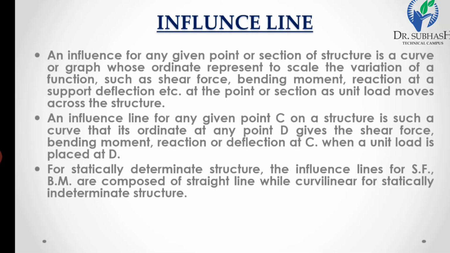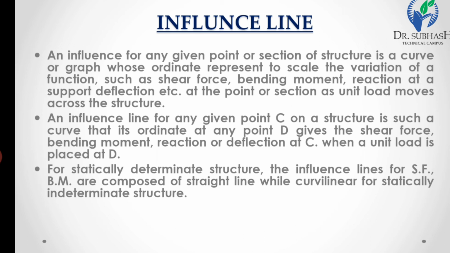Now, an influence line for any given point or section of a structure is a curve or graph whose coordinates represent, to scale, the variation of a function. We must draw the influence line to scale, and that's why we get the exact shape for reaction, shear force, bending moment, reaction at support A, deflection, etc. at the point of the section when the unit load moves across the structure.